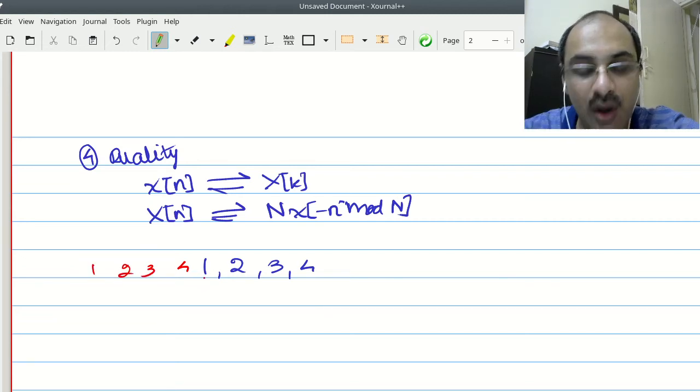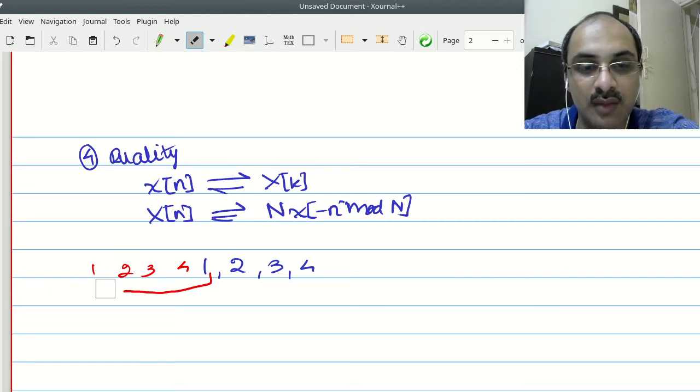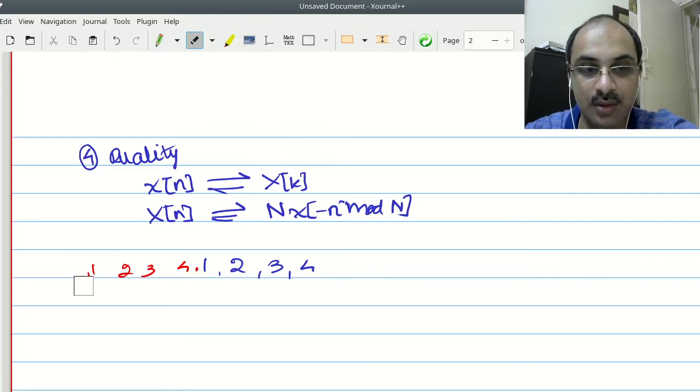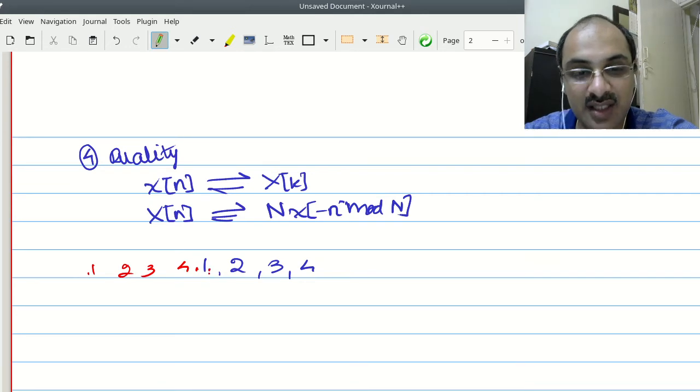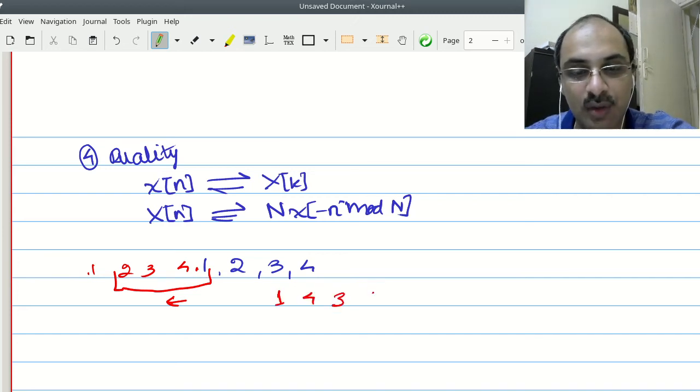So if you now look at the reverse sequence, the zeroth one remains the same. So the reverse sequence is actually this one, interpreted in this direction. So the first value will be 1, the second value will be 4, the third value will be 3, the fourth value will be 2.